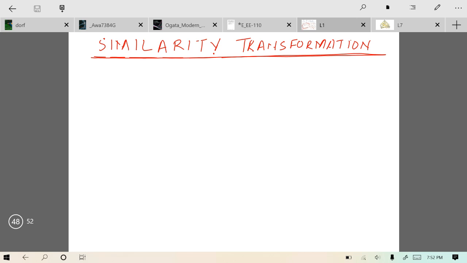Basically, we already know that a system can have multiple state equations. A system has multiple state variable models having the same transfer function.